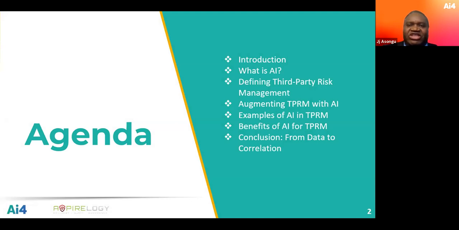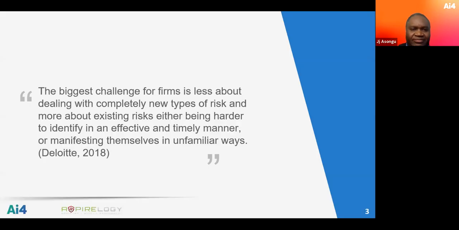During today's presentation, we are going to look at the concept of AI. We are going to talk about third party. We are also going to talk about how to use AI for managing third-party risk. We are also going to look at some examples of AI in third-party risk management, the benefits of AI in third-party risk management, and we will conclude by making an argument that we have to move from data to correlation.